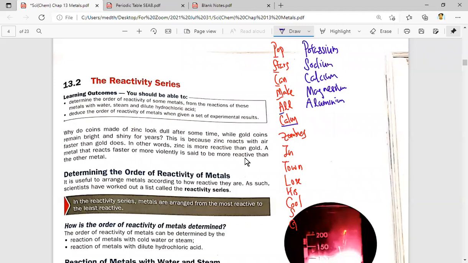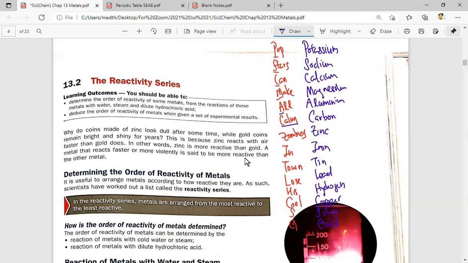This one here is not really a metal, it's actually carbon. Carbon is a non-metal. Z for zinc, I for iron, T for tin, L for lead. H is not really a metal, it's actually hydrogen, a non-metal. C for copper, S for silver, G for gold. So this is the whole series here.